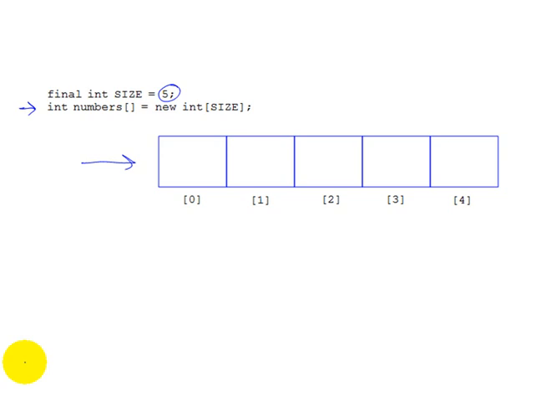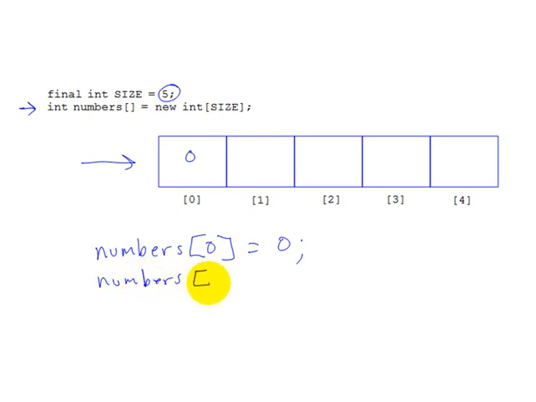Well, obviously, one approach would be to write individual statements that make this assignment, like numbers sub 0 equals 0. That would put 0 in the first element. Numbers sub 1 equals 0.